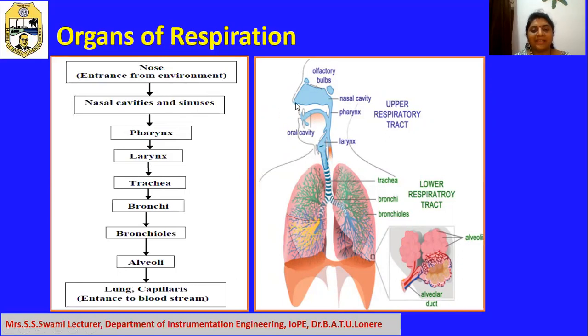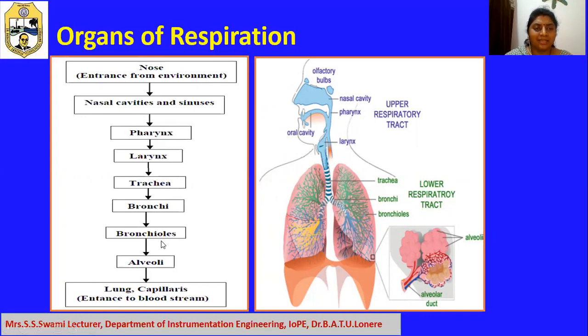Nose is located in the anatomical diagram over here. Nasal cavities and sinuses over here. Pharynx over here. Larynx, this one. Trachea, this one. Bronchi, bronchioles, alveoli, and lung capillaries.